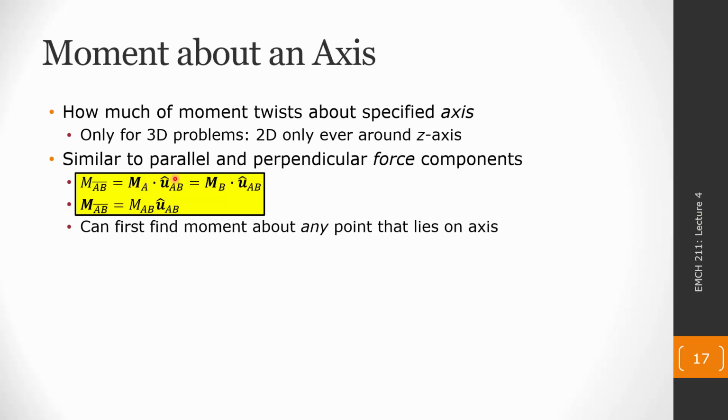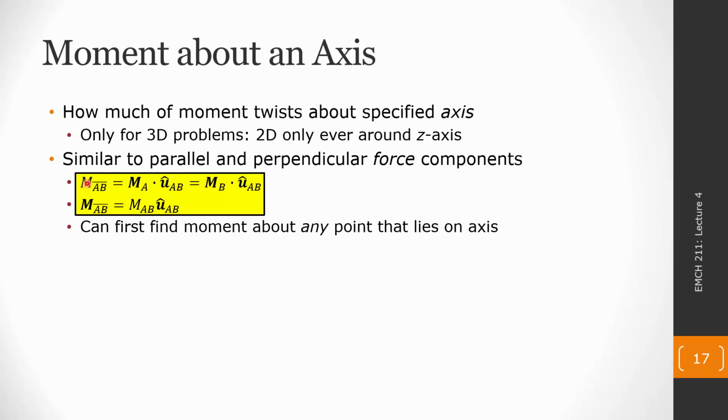I've seen how much of that moment lies in the direction of the u_AB axis. And just as we saw before, I'm taking a vector, I'm dotting it with another vector, and my output is a scalar quantity. So this gives me the magnitude of the twisting around the AB axis. So again, for example, if the AB axis were the axis that passes through a screw, this would be telling us how much torque is going to just tightening that screw.